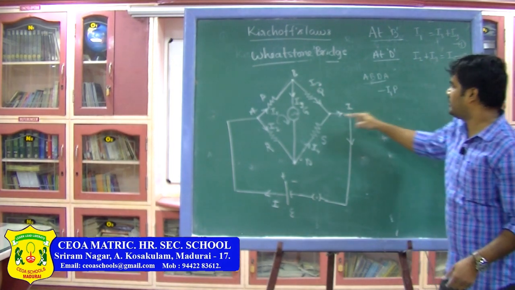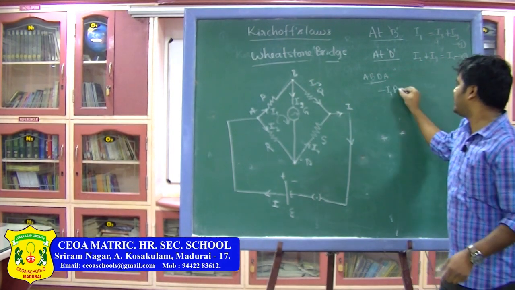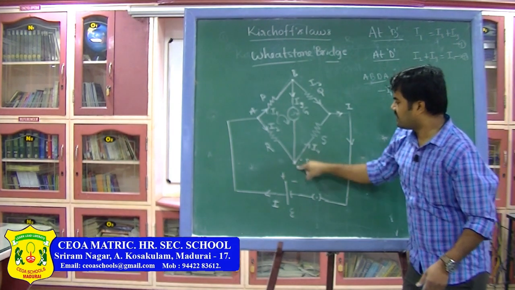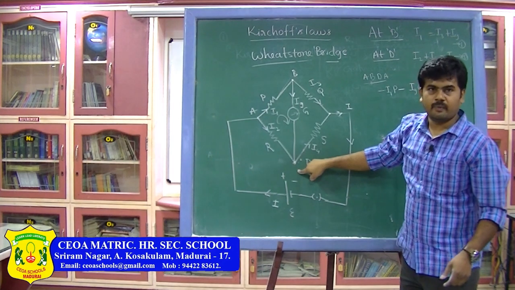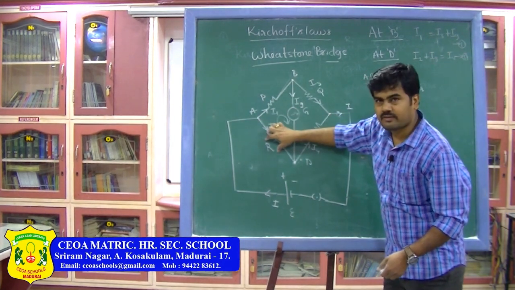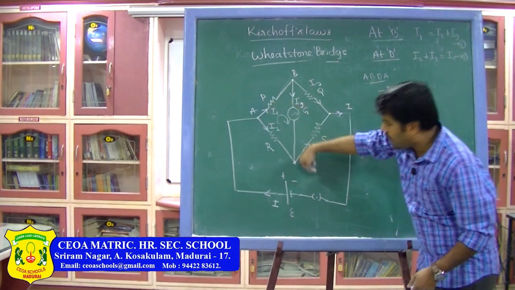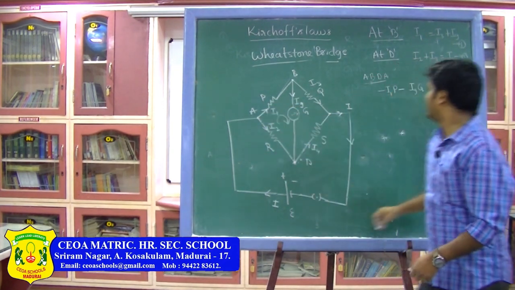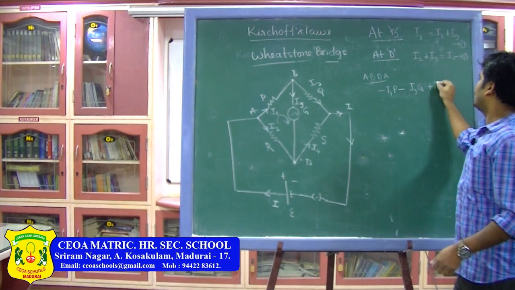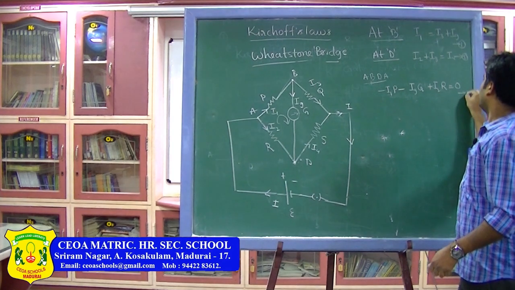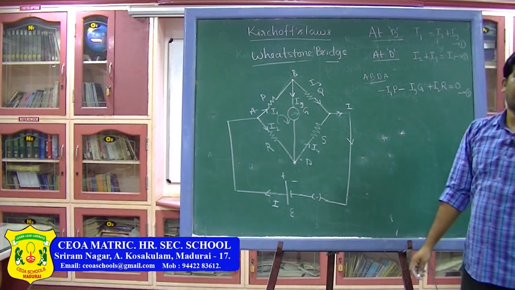So the potential drop across the galvanometer is minus Ig into G, as we are moving in the direction of current from B to D. Similarly, D to A, there is a resistor of resistance R and current I2 in the opposite direction. So you have to take this potential drop as a positive value. So I can take plus I2 into R. This must be equal to 0. Give it as equation number 3.